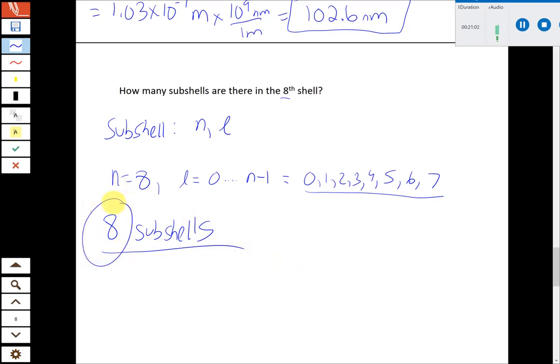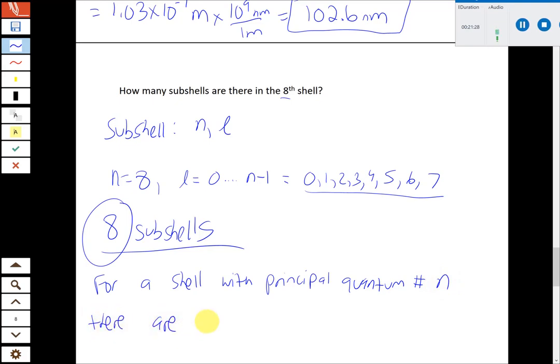The other thing is a bit of a shortcut: if you have a shell with principal quantum number n, there are n subshells.